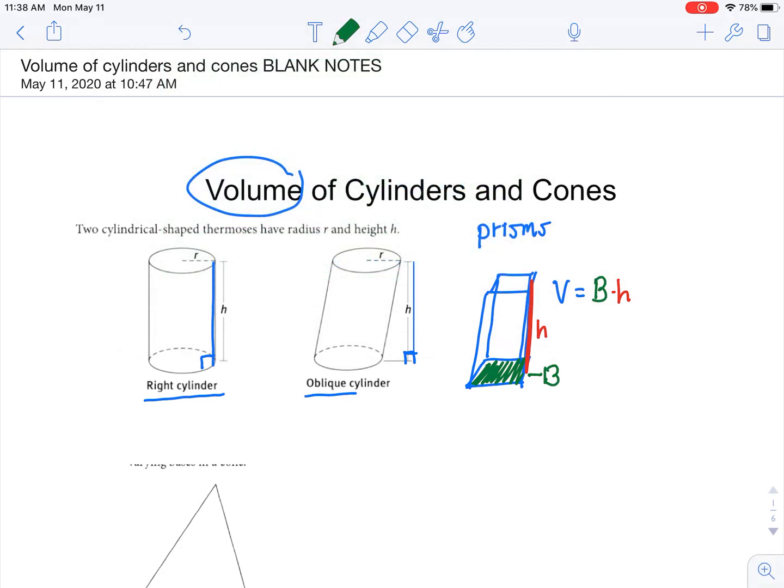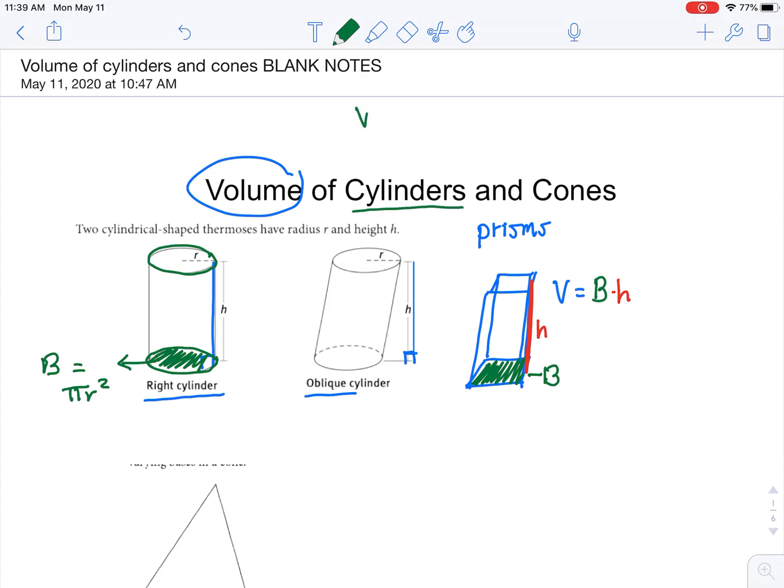In a cylinder, it's the same essential task. We still have a base, and across from that, we're going to have another matching base that is congruent and parallel. So because of that, we can use the same formula for a cylinder as a prism. The difference is that when we find the area of this base, because the base is a circle, the formula for the area of that circle is going to be pi r squared.